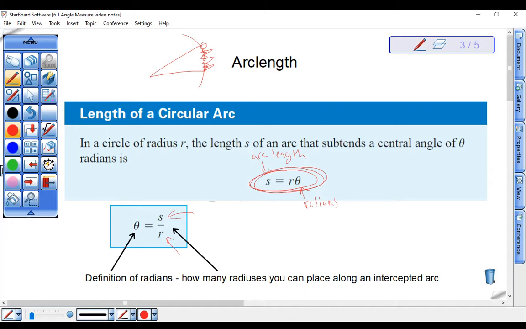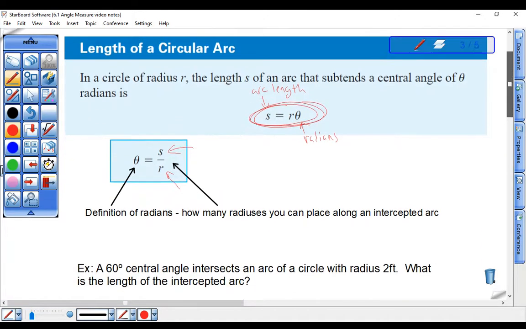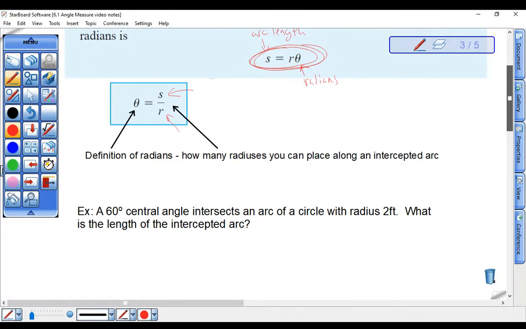So, 2 pi radians means every single circle, you can get 2 times pi number of radiuses. That will take you the distance all the way around the circle, right? So 6 point whatever is how many radiuses you can attach to the circumference, along the circle. 6.2 something, right? Okay. All right.